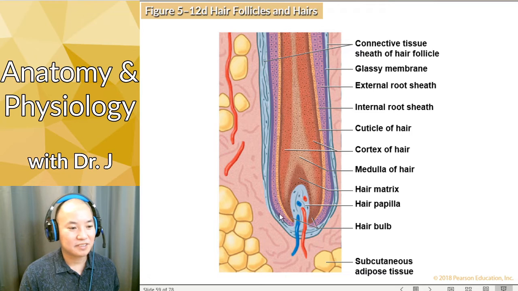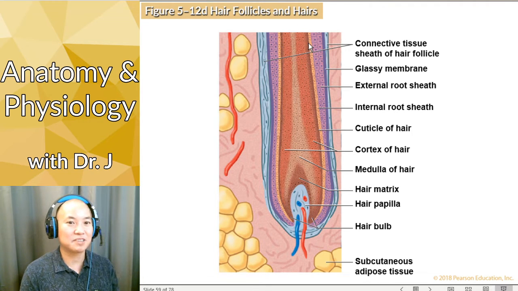Now, here we have the cross section. Here's the hair matrix, and this is where you have those actively dividing cells that are undergoing mitosis. As they undergo mitosis, they push up layers and layers of these cells. So it is a modified epithelium, and this is the stratum basale of that epithelium, pushing cells up.